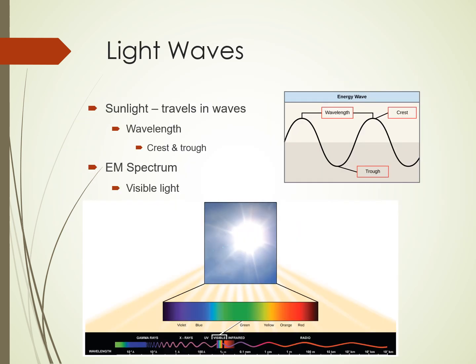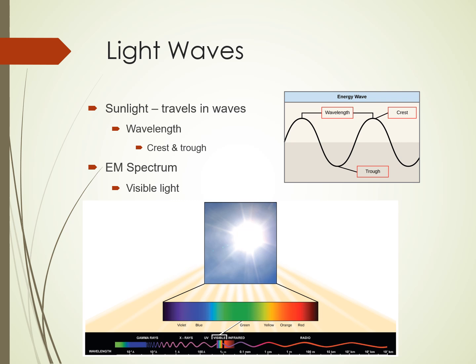The sun emits a range of radiation, and all of it travels in waves. Waves can be measured by their wavelength, which is from crest to crest or from trough to trough. The longer the wavelength, the lower the energy, and the shorter the wavelength, the higher the energy. Looking at the bottom image, left to right, the range of radiation is from very high energy gamma rays to low energy radio waves.